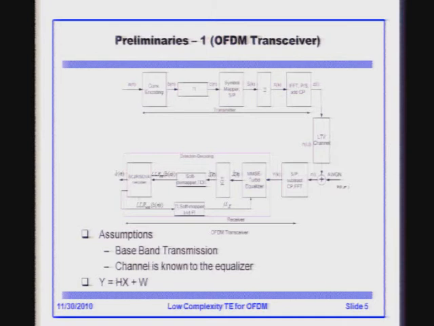Whatever comes out from there is frequency interleaved, and then goes through the standard OFDM processing, which is inverse FFT and cyclic prefix addition. That is what is transmitted across the channel. And the channel in our case, we assume, is a mobile channel, that's why a linear time varying channel.